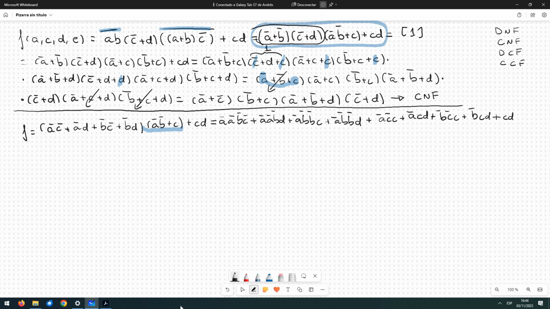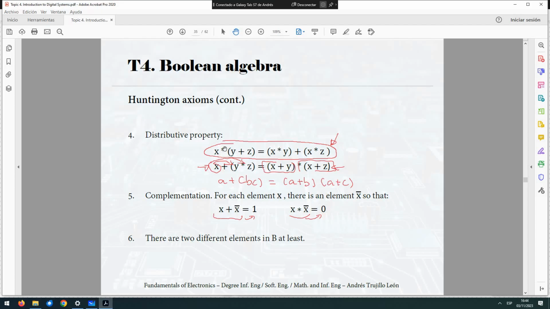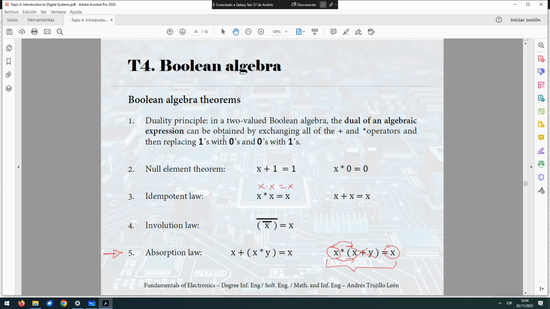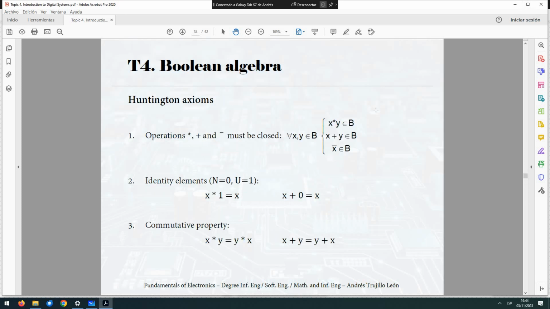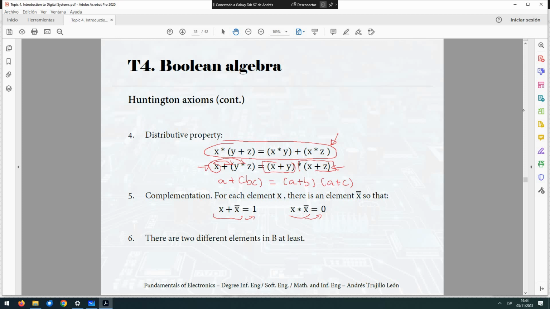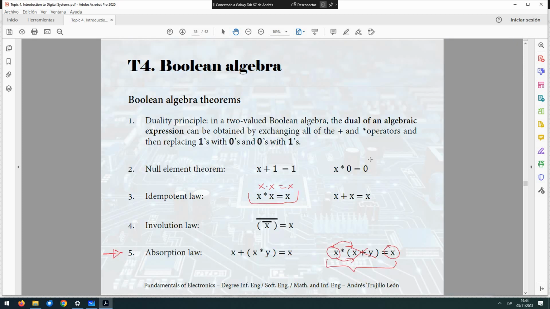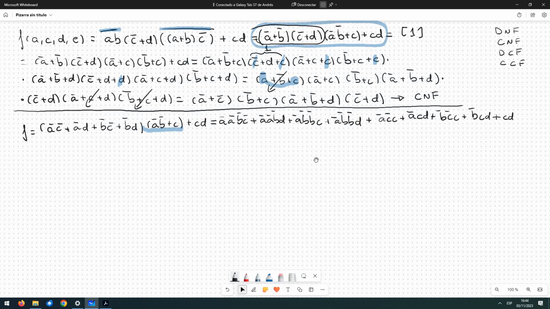And now we have to look if we can simplify the function by removing some of the terms. We are going to use again the idempotent law to eliminate some of the variables, also the complementation axiom. So if we have the variable and the variable negated, we have 0, and as well, the absorption law. The absorption law is also powerful.